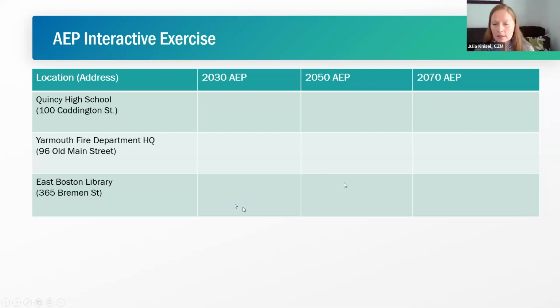The link is in the chat to the draft viewer. After you've had 5 minutes to look at these layers and write down your values, we're going to launch a poll for you to input values for 3 questions related to these 3 assets. So please go ahead and get started.